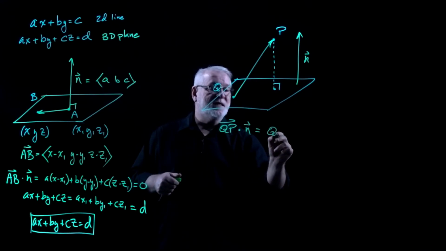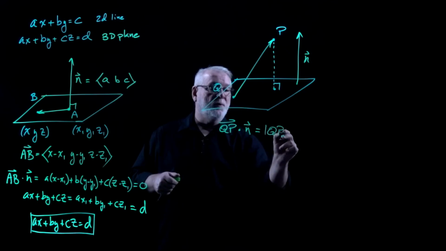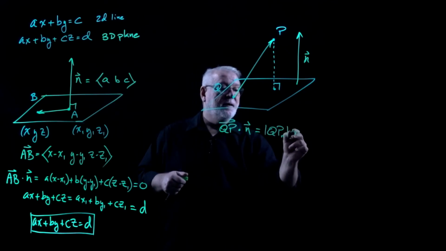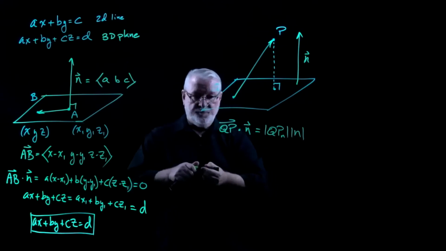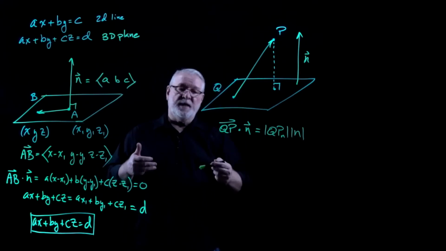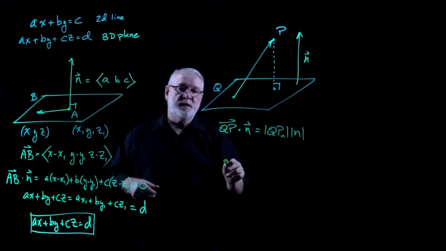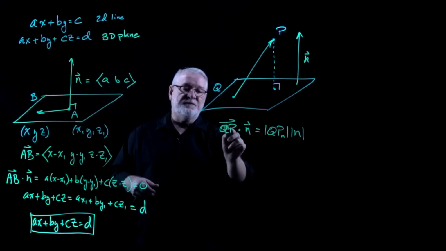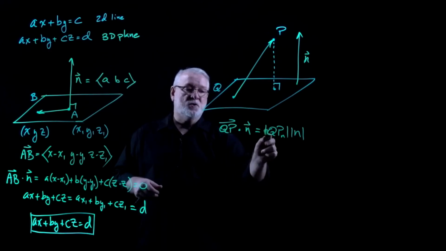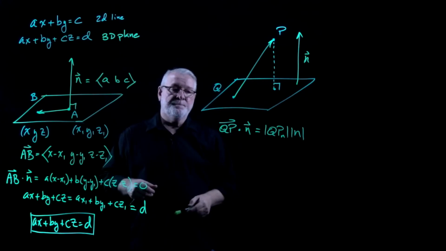That is, it finds the length of QP in the direction of the normal, and it multiplies that by the size of the normal. Now, this isn't a standard definition of the dot product, but remember, that's one of the things that dot products do, is they project one vector onto another by finding the length of the first vector in the second vector's direction, and then multiplying that by the length of the second vector.